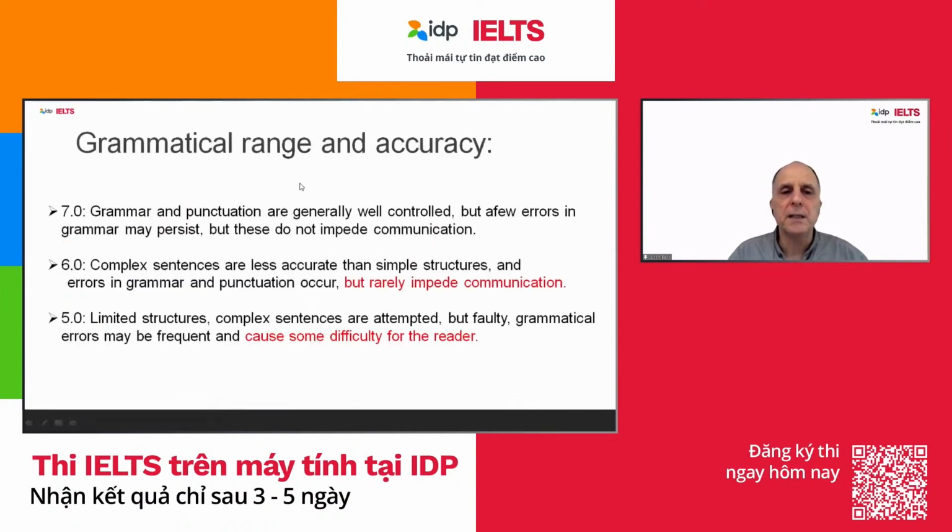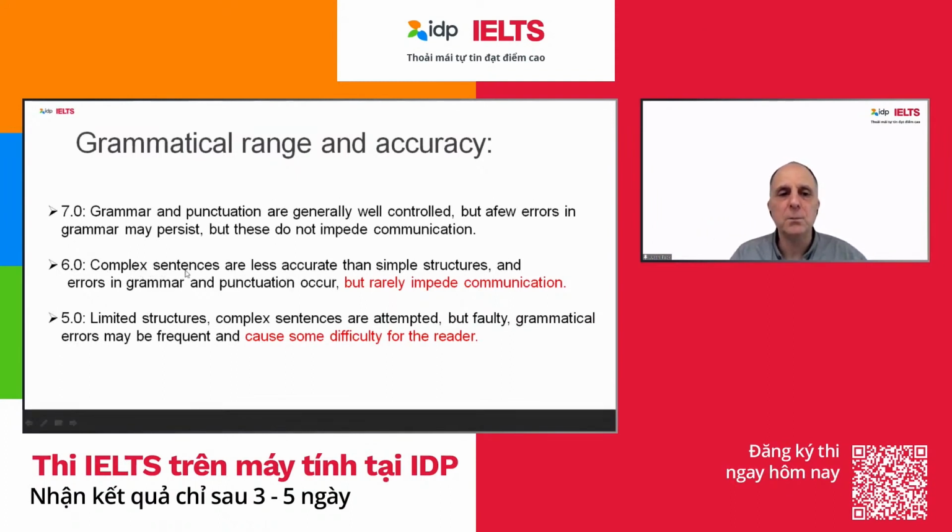Okay, so we get to our grammatical range and accuracy. Once again, 7 for this. Grammar and punctuation are generally well controlled. That's why if you're doing the written test with pencil, make sure they're nice and clear. Okay.